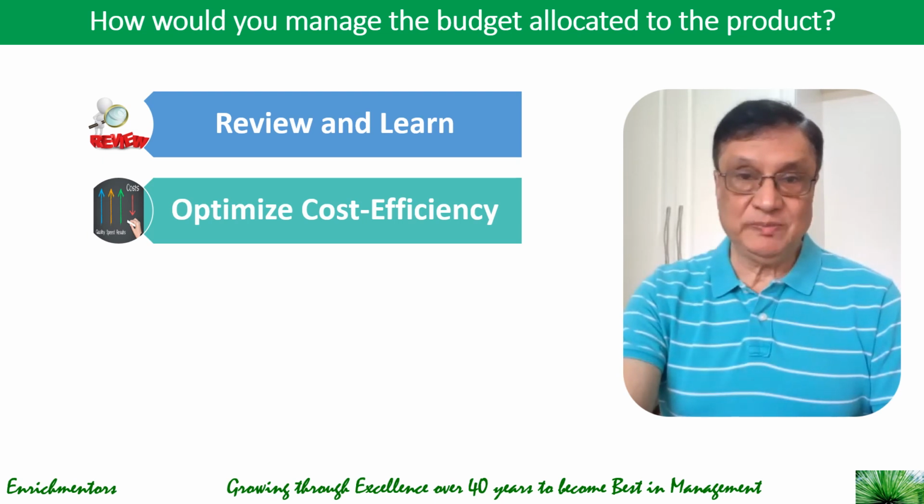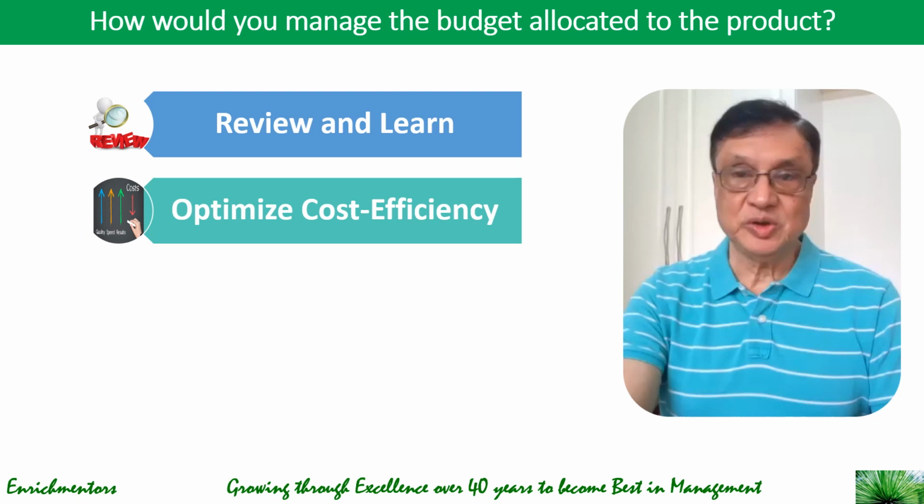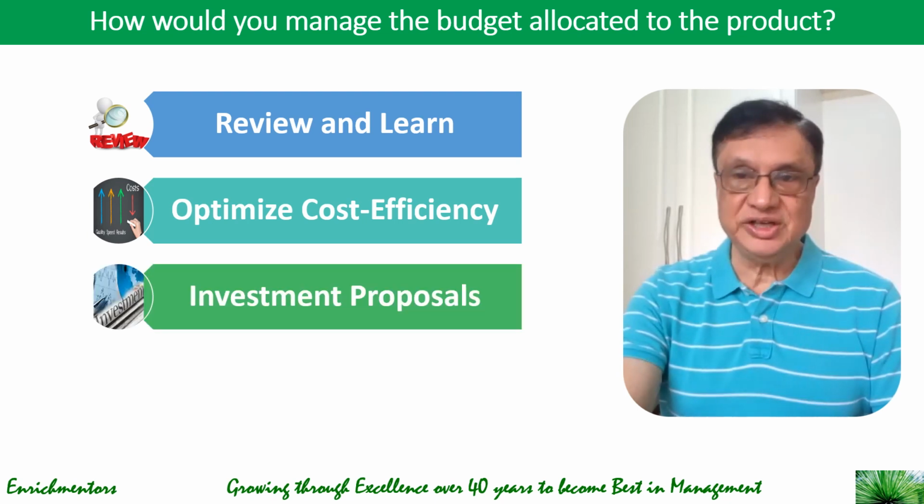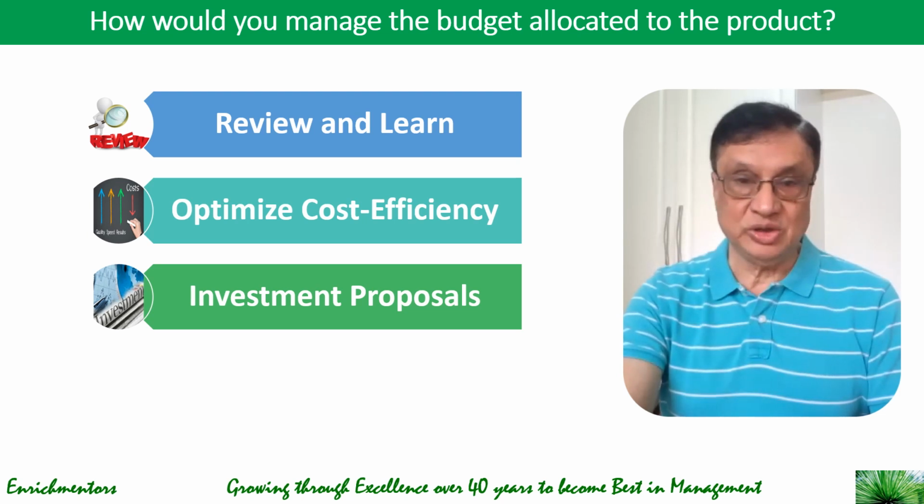And this may involve process improvements, automation, or reevaluating tools and technologies that you are using. New tools and technologies will keep coming up, so you need to keep looking out for what is more efficient. If additional budget is required for critical initiatives, prepare investment proposals that clearly outline the expected benefits and ROI of the proposed expenditure, and reach out to your stakeholders.